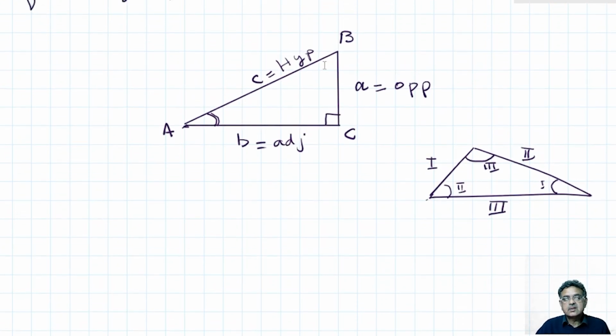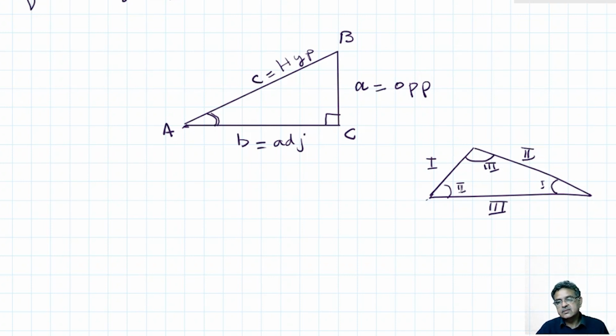So in case of a right angled triangle, you know this property of triangles, that the sum of the three angles of any triangle is always 180. If this is the triangle, then angles A, B, C, their sum is 180.